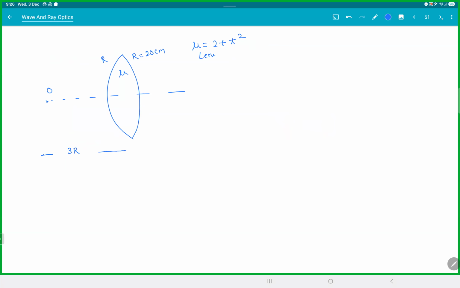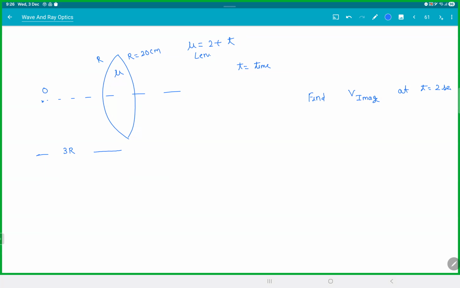Find the velocity of the image. Let's make it 2 plus t. Find the velocity of the image at t is equal to 2 seconds. And the people who mug up the formula, they'll get slaughtered here.